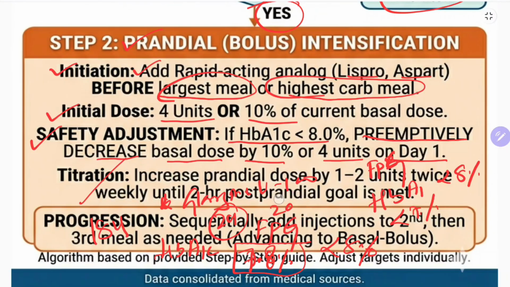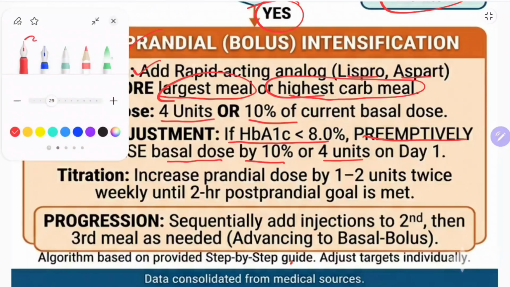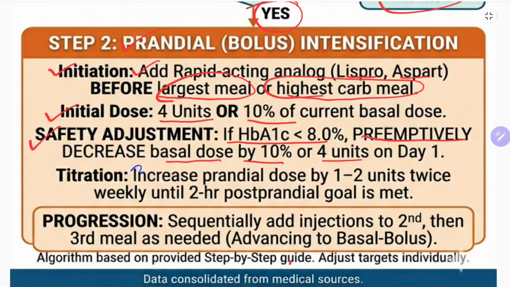Okay. Now comes how you will titrate. So this requires careful attention, otherwise you will not understand this. Okay. How you will titrate? Increase prandial dose by 1 to 2 units, again 2 units, twice weekly, every 3 days, until 2 hour post-prandial goal is met.